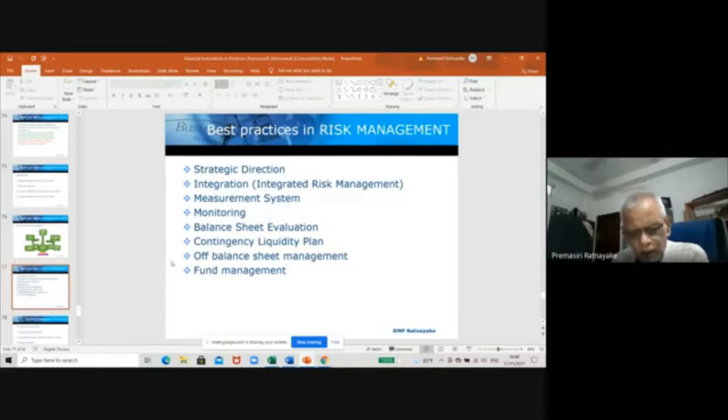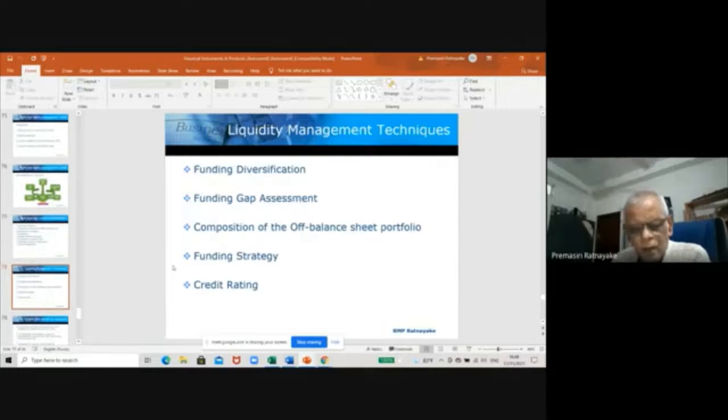Then fund management through nostro accounts and other cash balances, etc. Liquidity management techniques, funding diversification, funding gap assessment. We learned all these things. I'm just reminding you now because we discussed especially the funding gap on maturity buckets basis in detail.